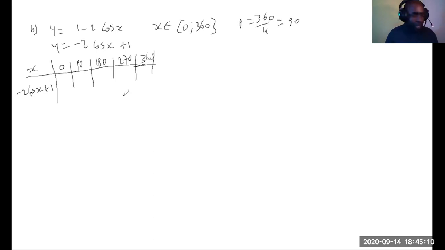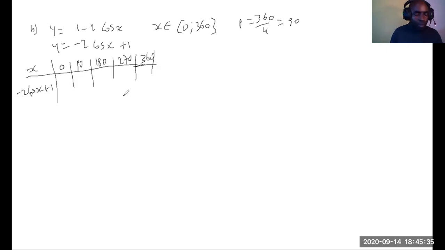Then I can go to my calculator again and put minus negative 2 cos x plus 1. Then the starting will be 0 degree, the end 360, increase 90.